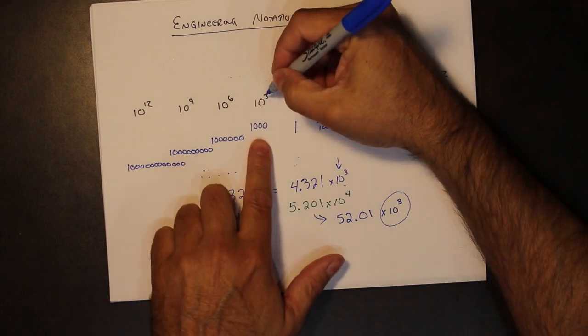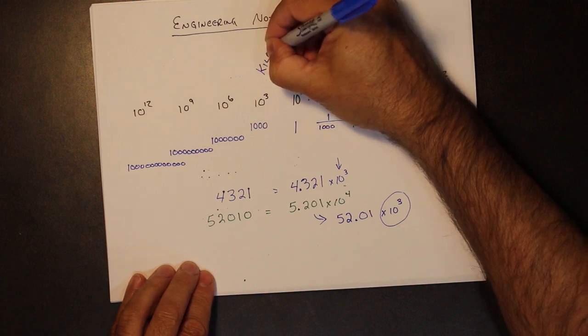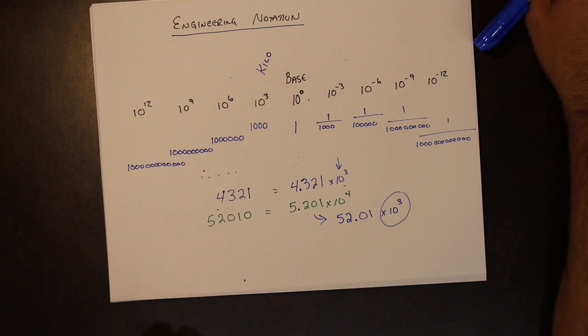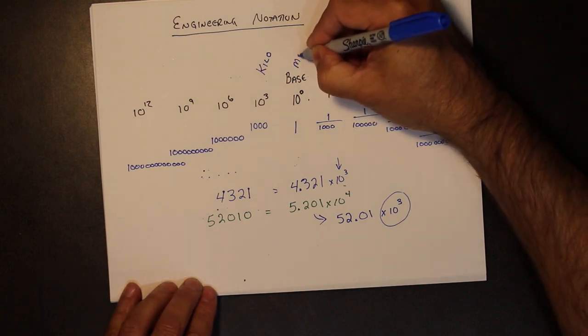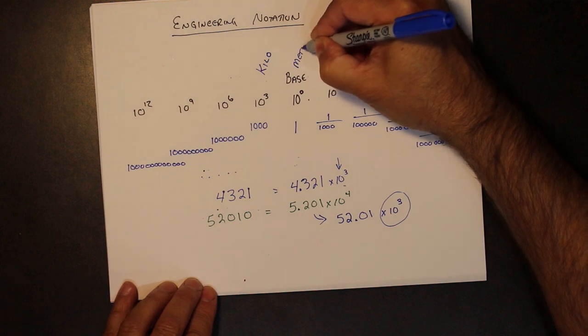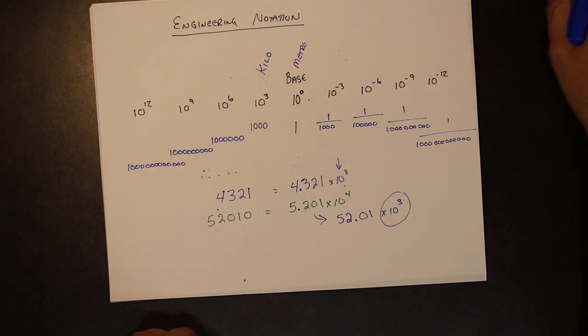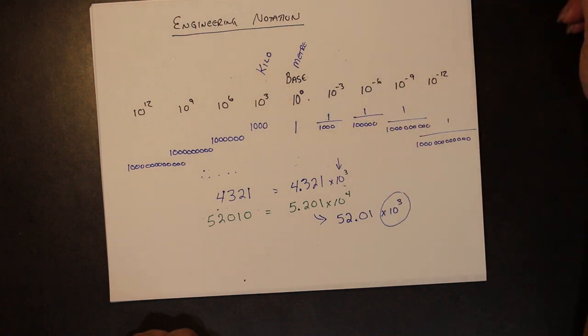10 to the 3, which is 1,000, is known as a kilo. If you know how far a kilometer is, the base is the meter, a kilometer is 1,000 meters.